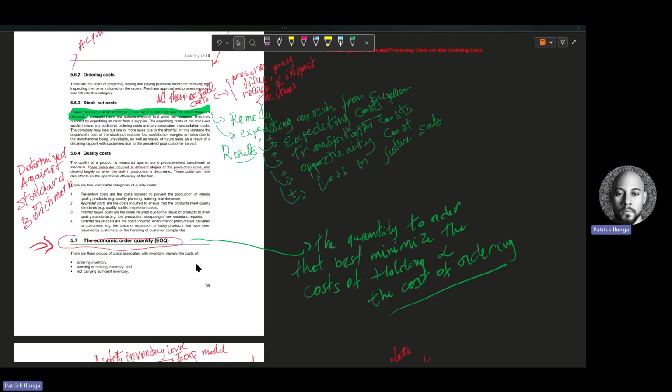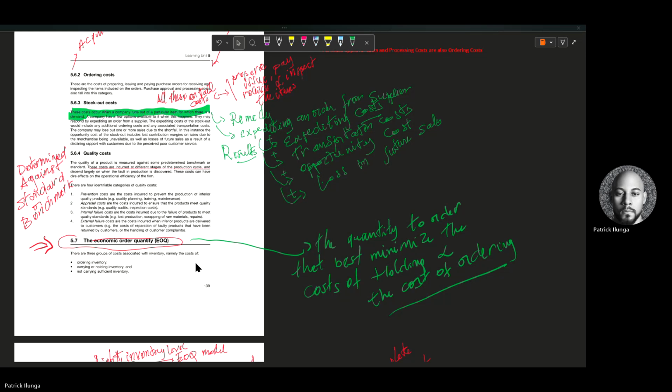So when we talk about quality cost, what are we talking about? These are costs that are incurred at different stages of the production cycle, and depend largely on when a fault in production is discovered.